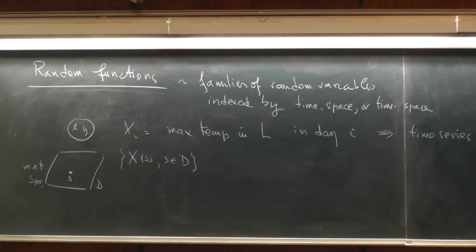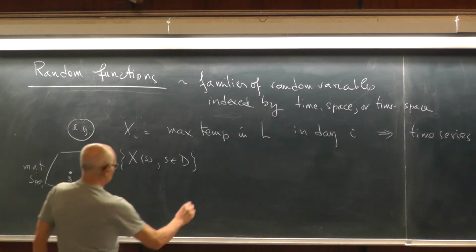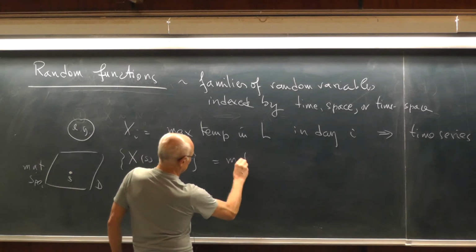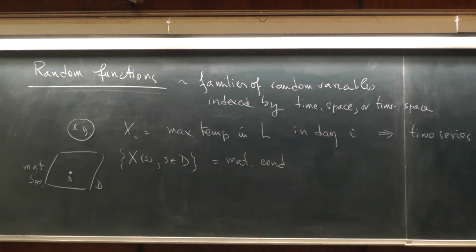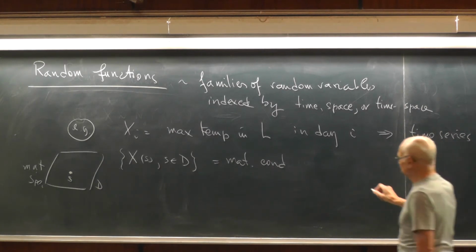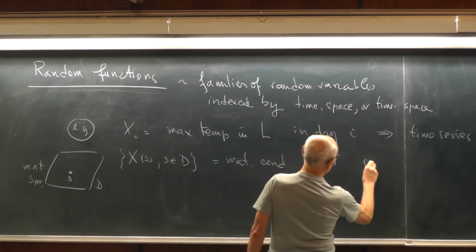And let's say X means a conductivity of the material at that particular point. So this is a family of random variables indexed by space. It's an infinite, an uncountable family of random variables indexed by space. And this type of family is called random field.